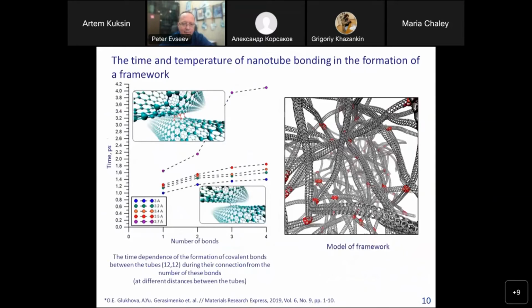The next slide shows the character of changes in the number of covalent bonds between the nanotubes during laser irradiation. The time dependencies at various distances between the tubes, from 3 to 3.7 angstrom, are shown.